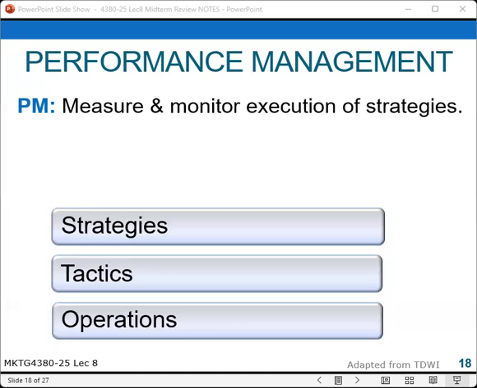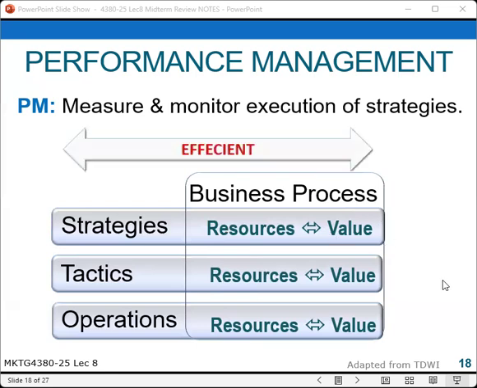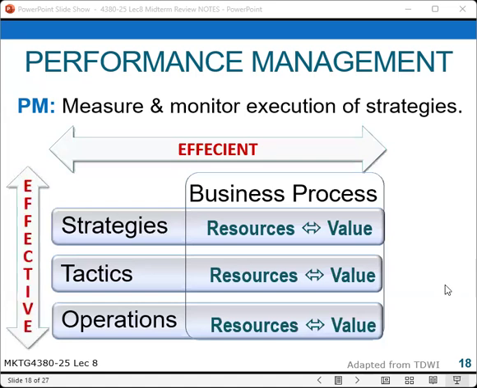And strategies must translate effectively into our tactics and our operations to generate the greatest value. So here we can see our resources used. They have to be as efficient as possible to get the best value. And so that's efficiencies. The effectiveness of our strategies, our tactics and operations have to translate through the different levels of the organization as well in order to be most effective.